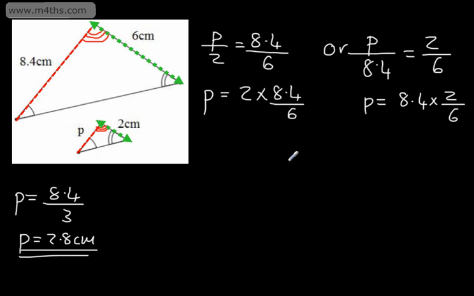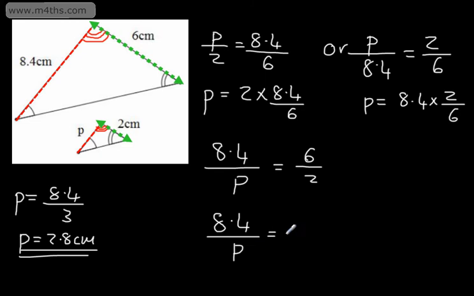You could even, if you were a bit crazy, do 8.4 over P will be equal to the same as 6 over 2. I wouldn't do this. I'd never put P in the denominator of a fraction because it makes the equation harder to solve. What you'd have is 8.4 over P is equal to 6 over 2, which is 3.